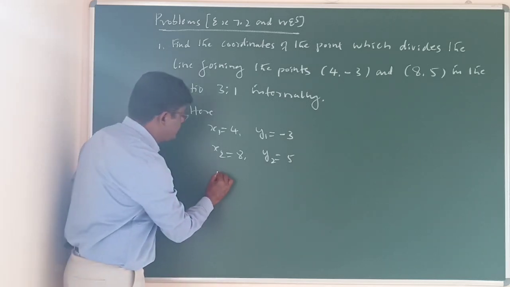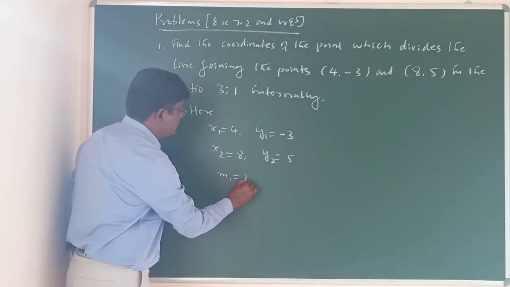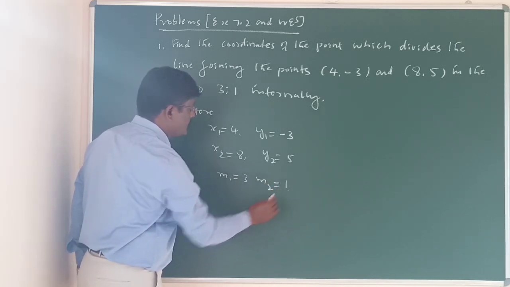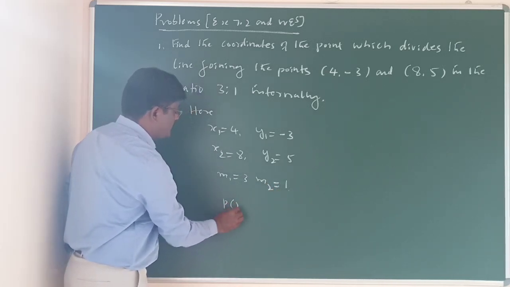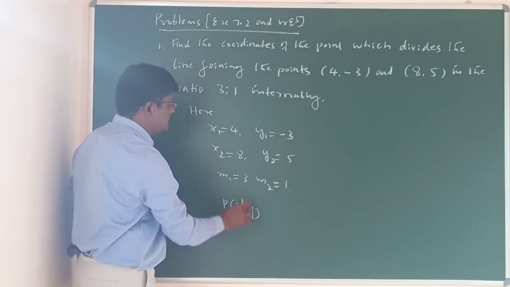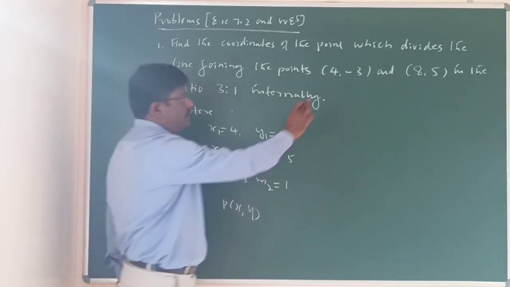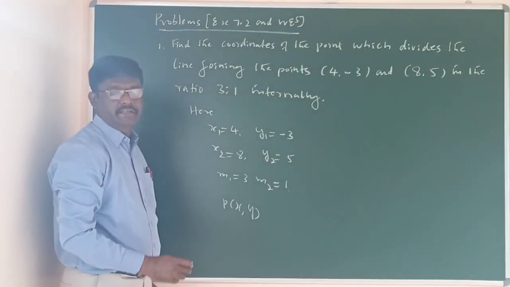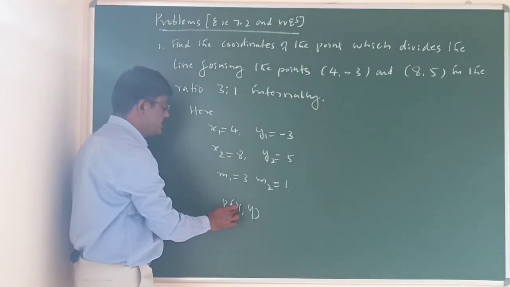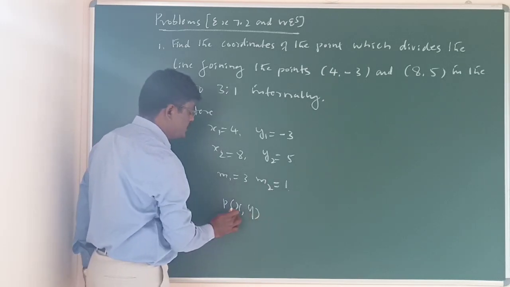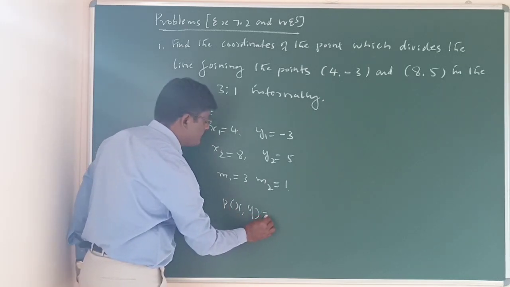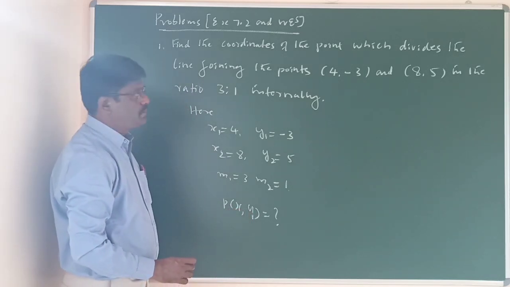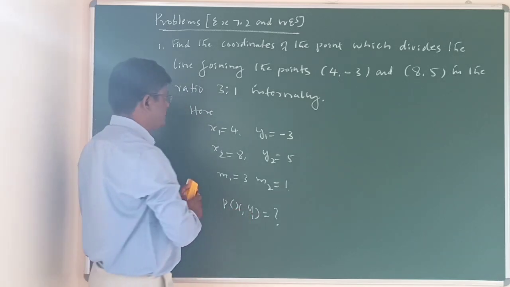Hence m1 is 3 and m2 is 1. We have to find the point which divides the line segment obtained by joining these two points in a Cartesian plane in the ratio 3 is to 1. That point means these two coordinates. Hence we use the section formula.